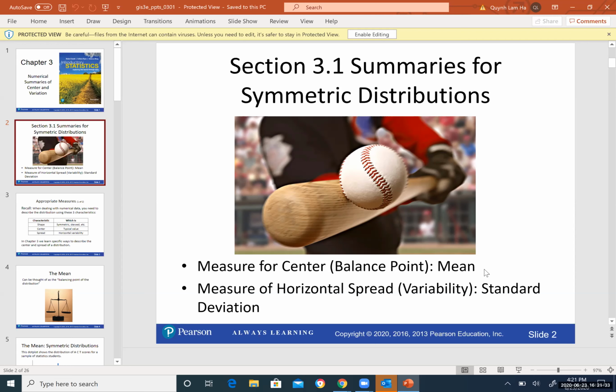And you will learn how to measure the horizontal spread. The horizontal spread means you measure on the side how much the data spread out. To compute this for a symmetric distribution, people usually apply what we call standard deviation. The abbreviation for this term is small s. S like Sam. Okay, so now let's start.